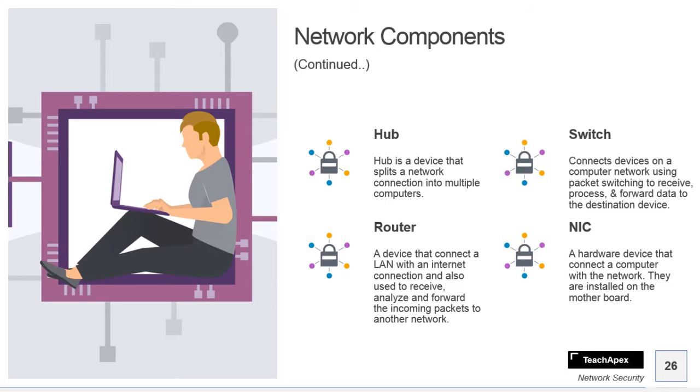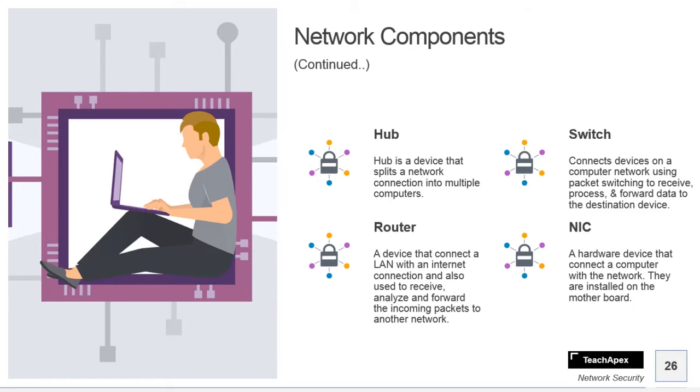So a hacker can also sniff those packets. That's why organizations today are not using hubs. In place of that, they are using switches, because a switch doesn't broadcast the packet or the connection. So this is the basic difference between hub and switch.